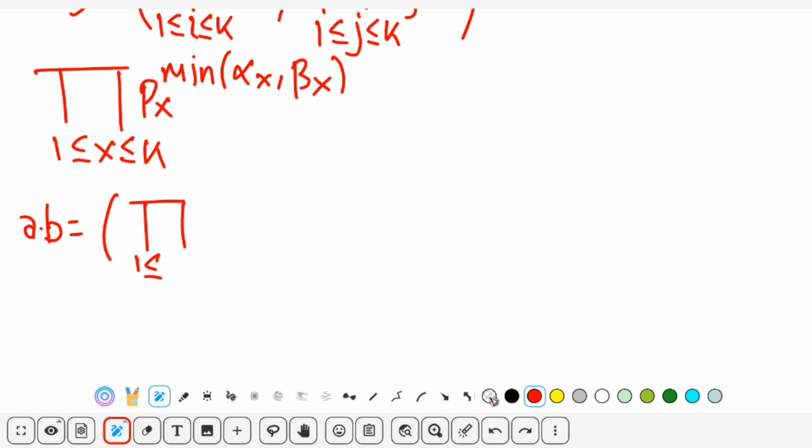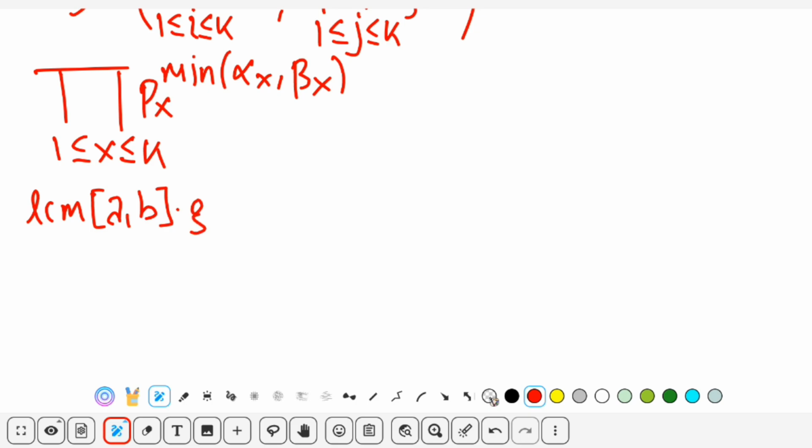So we want the LCM of A and B times the GCD of A and B.